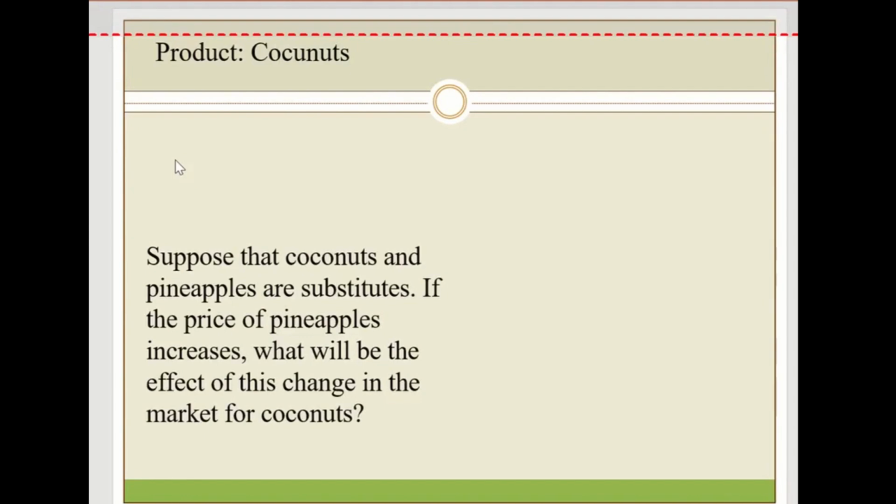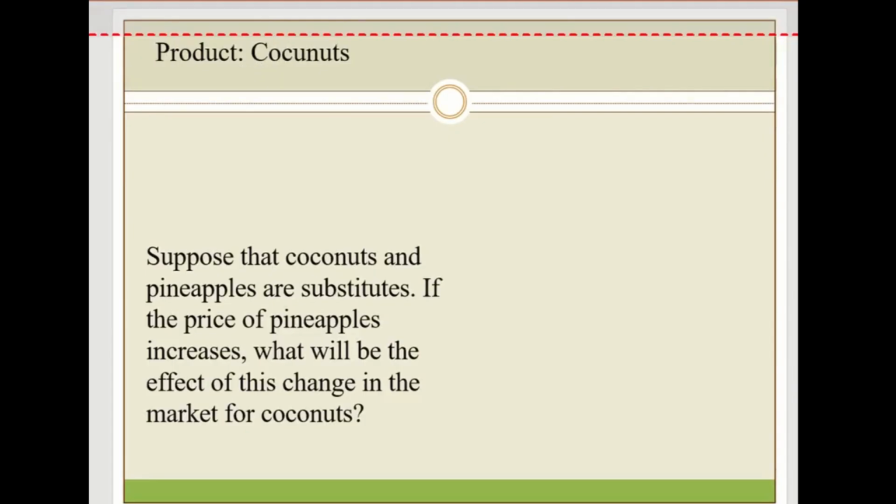In this case, the price of pineapples is increasing, so people will demand fewer pineapples and they will demand more coconuts. And since we are making this graph for the product coconuts, you have a shift of the demand curve for coconuts.